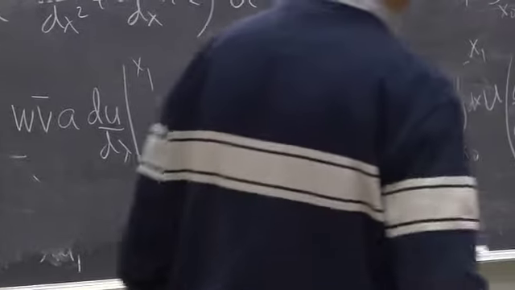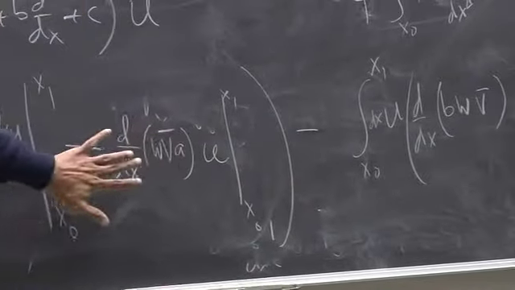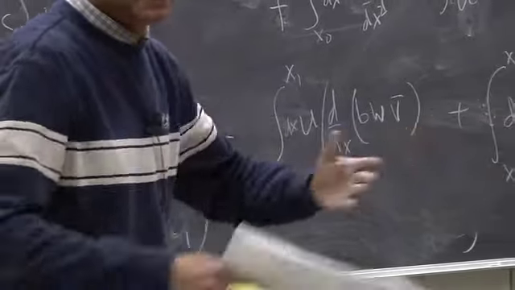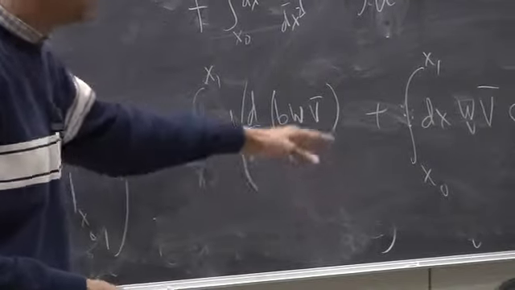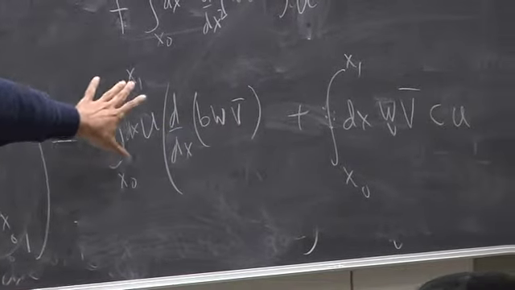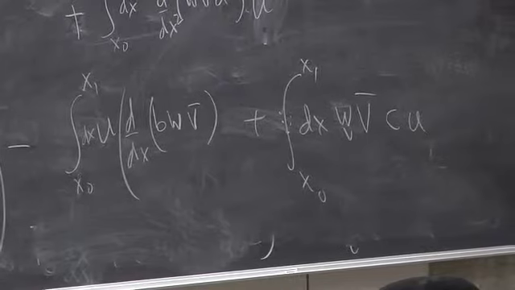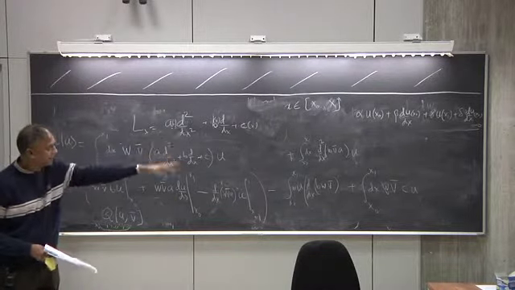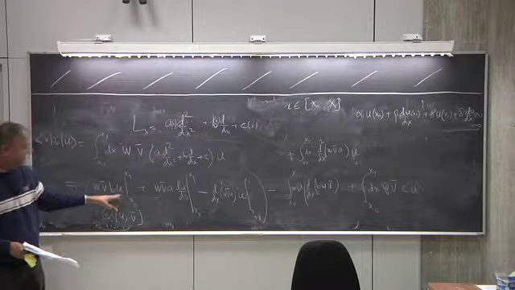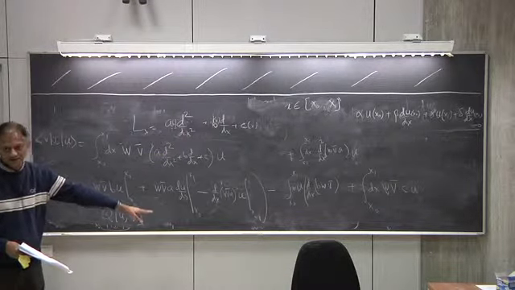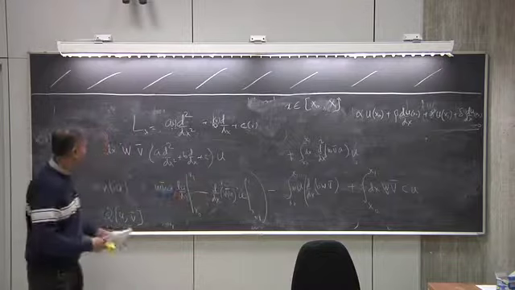But this is the boundary term, and that is the bulk term. I mean, that's to be integrated, right? So let's focus on that first of all. We'll worry about the boundary term, maybe not today, maybe tomorrow. We will show that there are boundary conditions which you can use to make this vanish. But let's first focus on that.